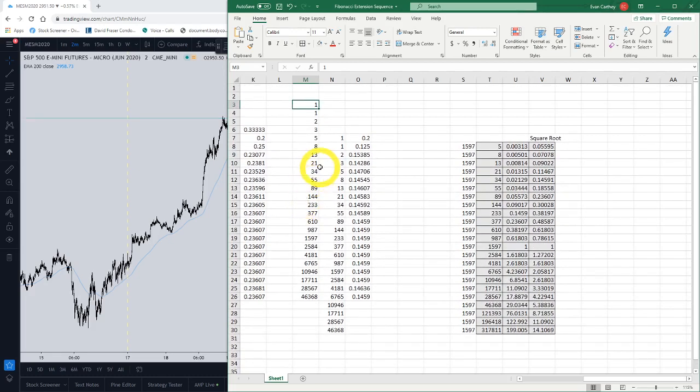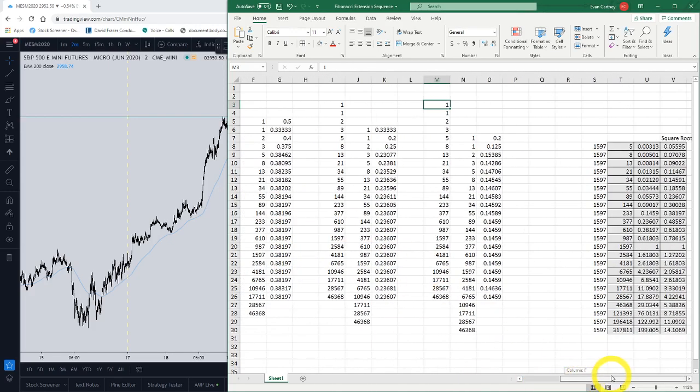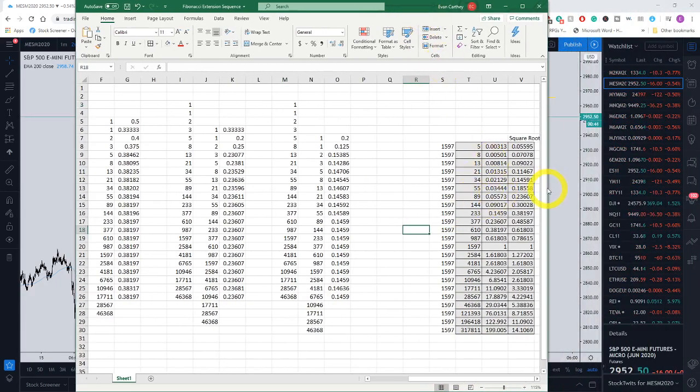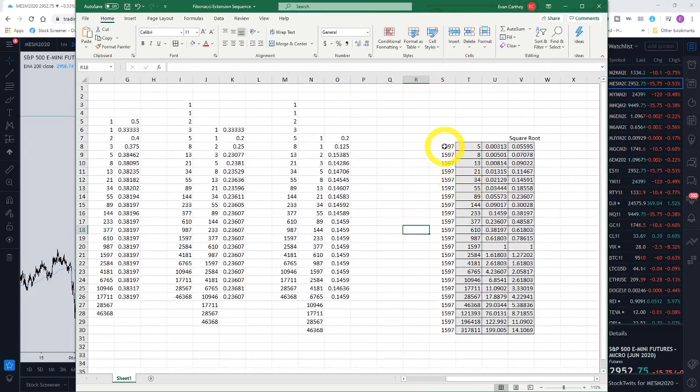And then how you start getting different Fibonacci percentages is you take the Fibonacci sequence and divide the numbers at different levels, and you'll get different percentages depending on where you divide from. So as you can see, where I have this gray area over here, I just chose one of the Fibonacci numbers, 1597, which is 610 plus 987.